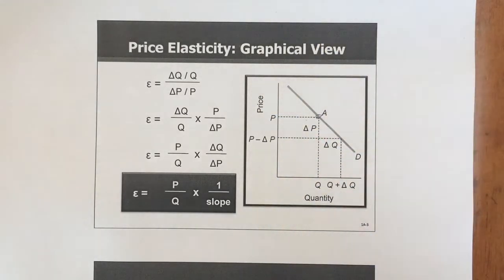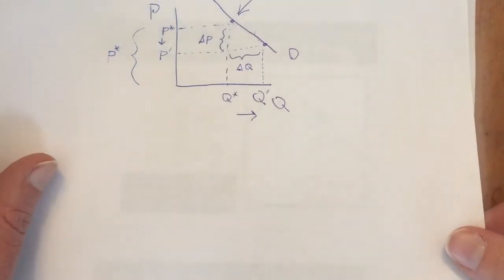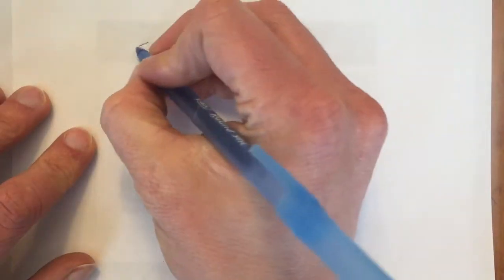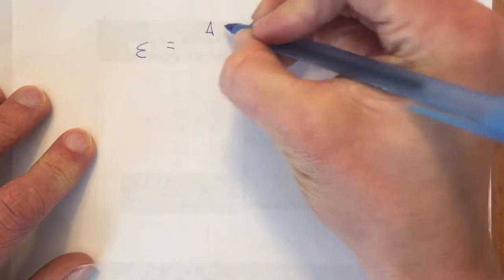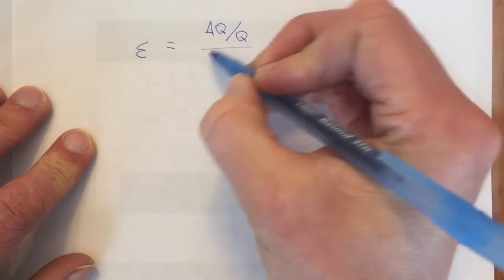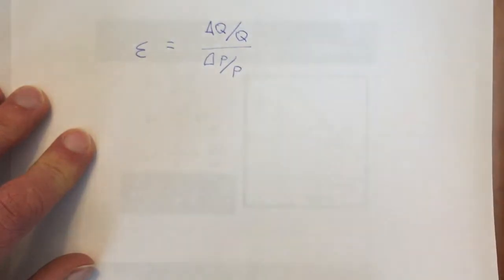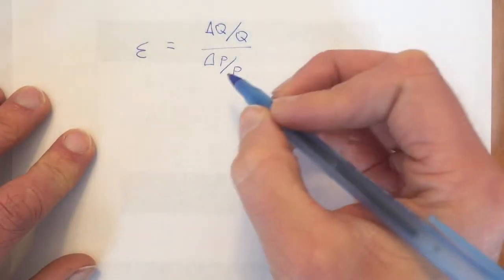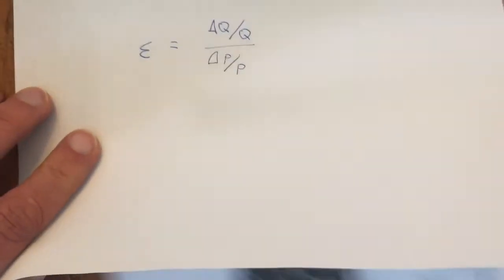So this slide is also going into how we can calculate that. So if we use our earlier definition of elasticity, we know that elasticity is equal to the change in Q over Q divided by the change in P over P. Now, we can separate that a little bit.